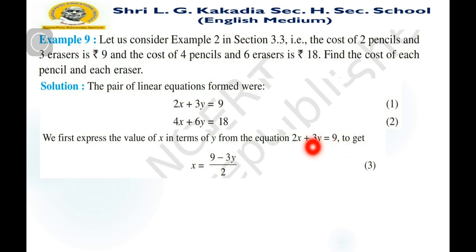Putting x as the subject, we first move 3y to the RHS, so we get 9 minus 3y. Here 2 is the coefficient of x, so it is multiplication. If we move it to the RHS, it goes to the denominator, as division. So we get 9 minus 3y divided by 2. We find the value of x in terms of y.